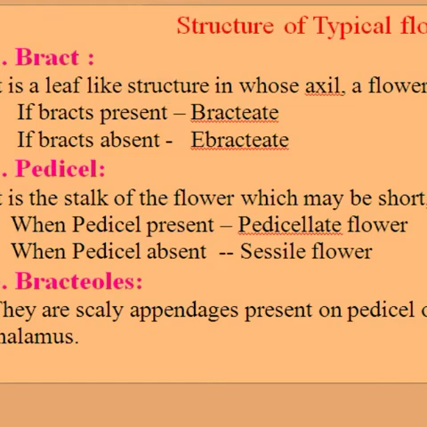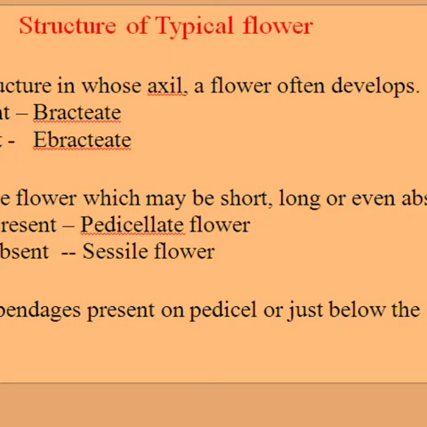When the pedicel is present, it is called a pedicellate flower, and when the pedicel is absent, it is called a sessile flower. Then there are some scaly appendages. These are called the bracteoles, and bracteoles are present on the pedicel or just below the thalamus.